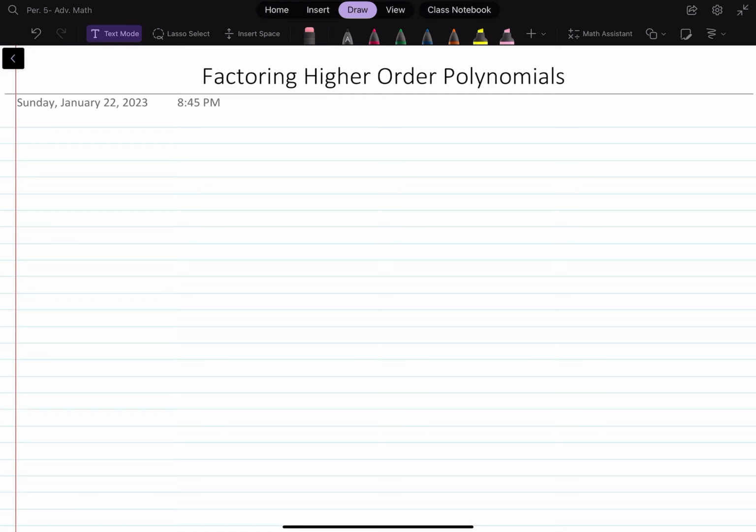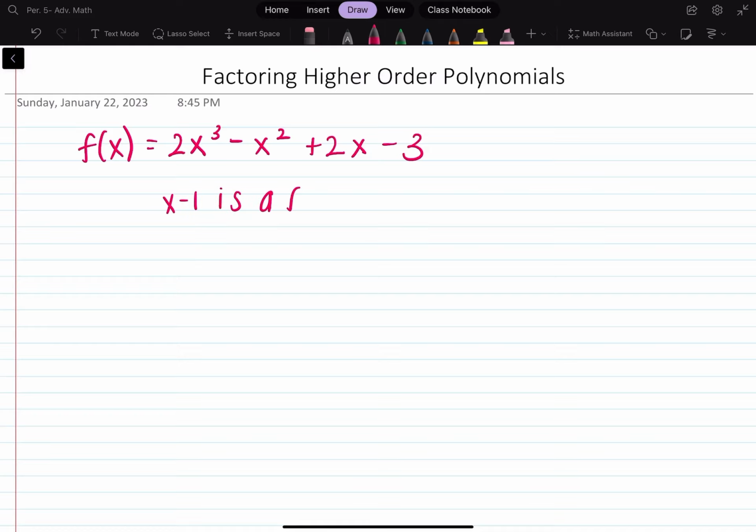So just to rewrite it on these notes, like we said, the original function was f of x is equal to 2x cubed minus x squared plus 2x minus 3. And we have already verified that x minus 1 is a factor.